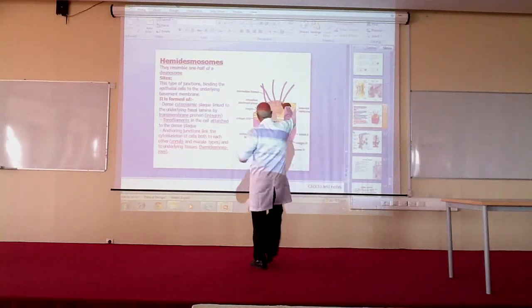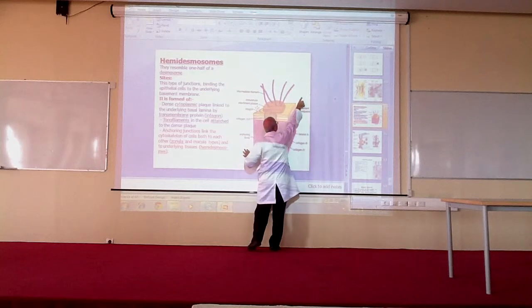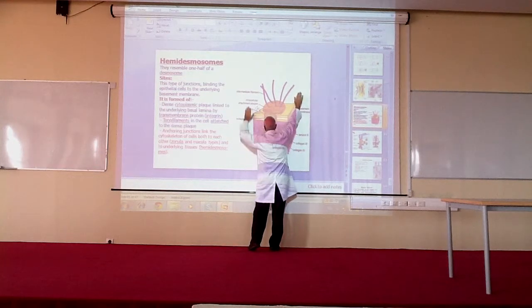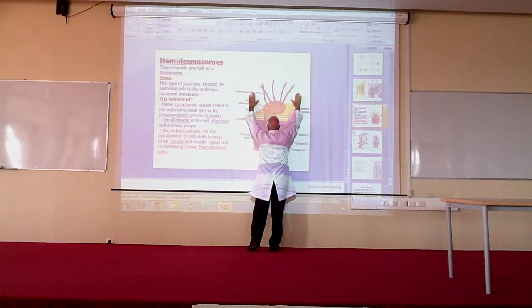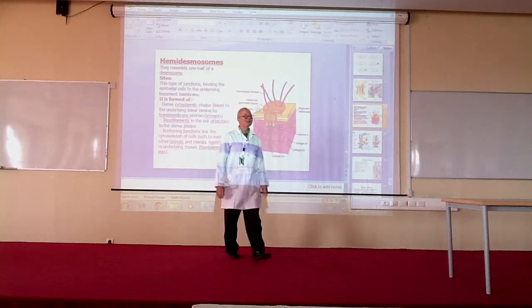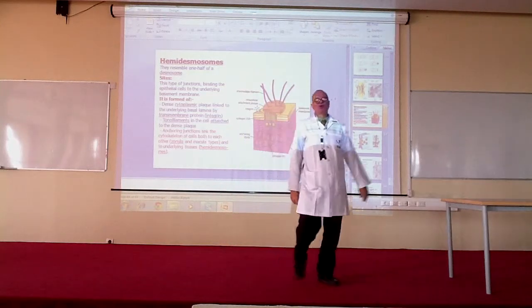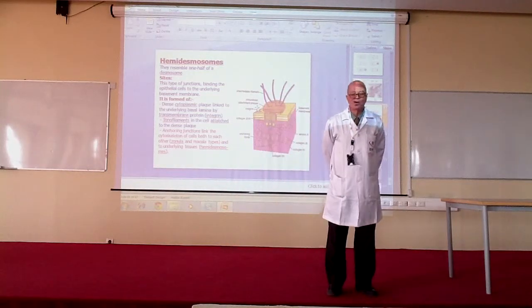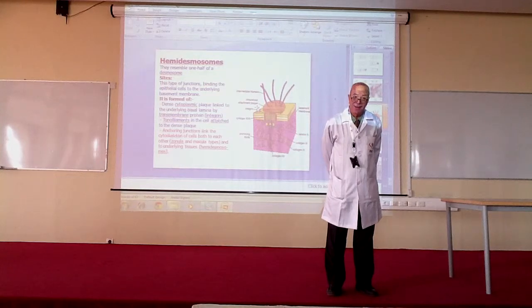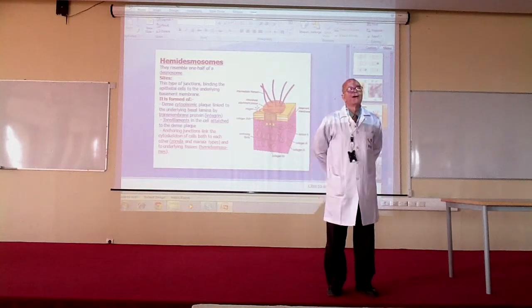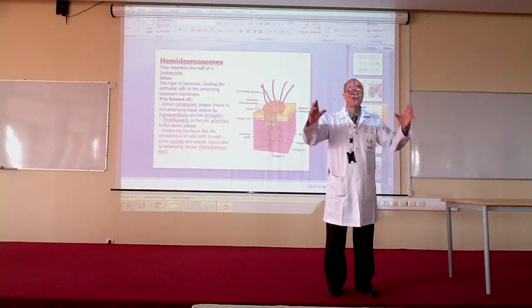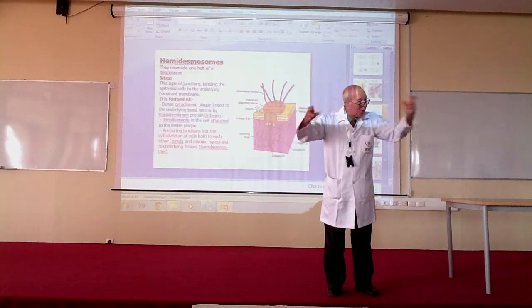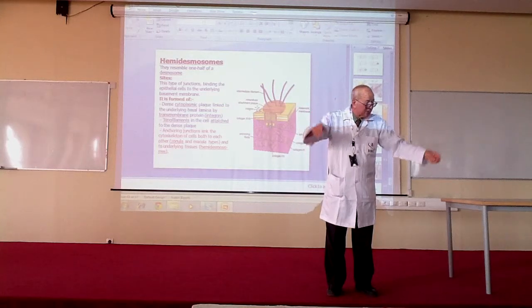These filaments of the junction are attached to the skeleton. So, the skeleton of two adjacent epithelial cells are connected together by desmosomal junction. So, adherent junction makes the cells adhere. Number two, it connects the cytoskeleton of the two cells.